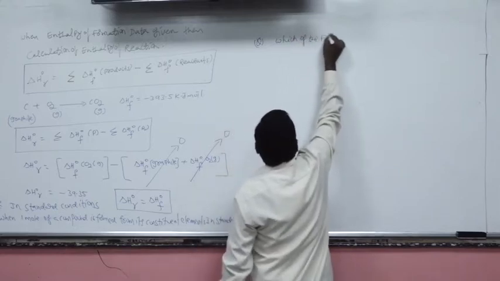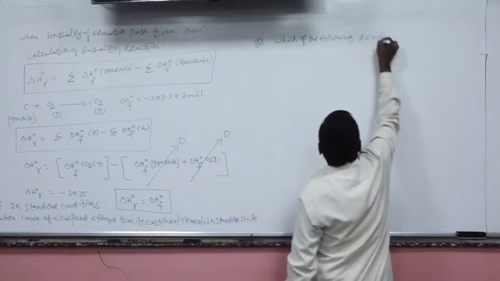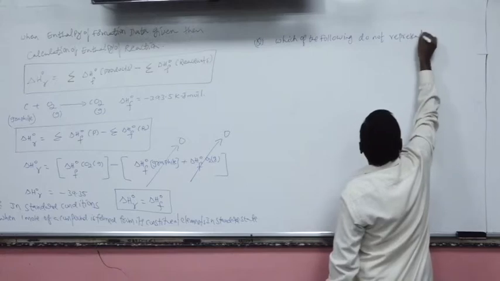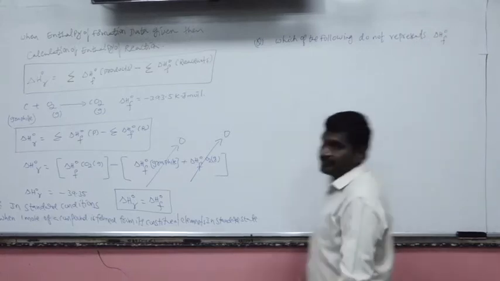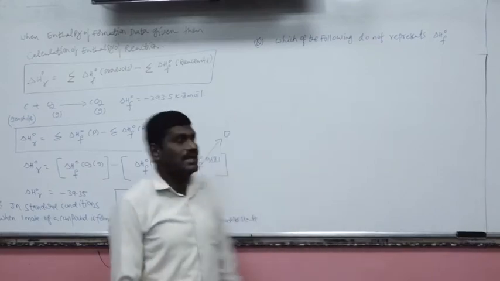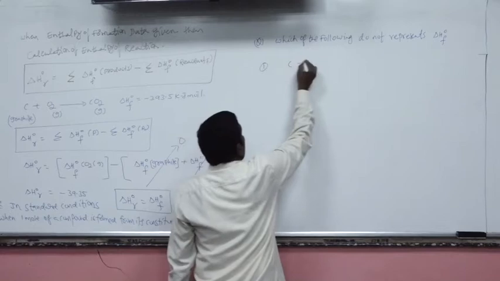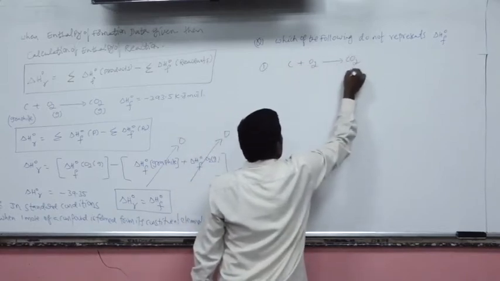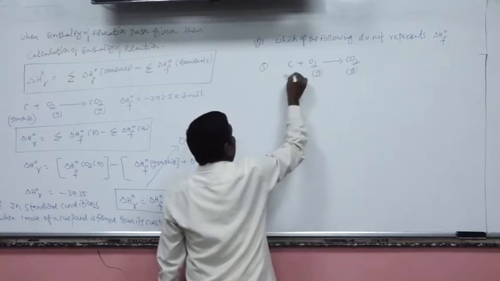Which of the following do not represent standard enthalpy of formation? Do not represent standard enthalpy of formation. First option, C plus O2 gives CO2. Let us say this is graphite.